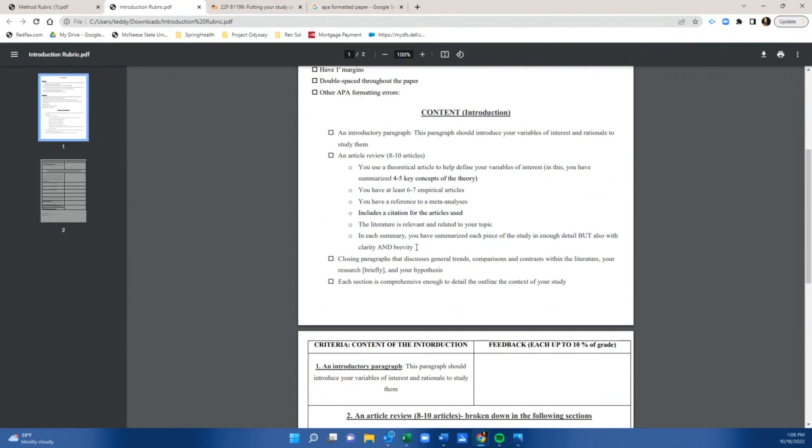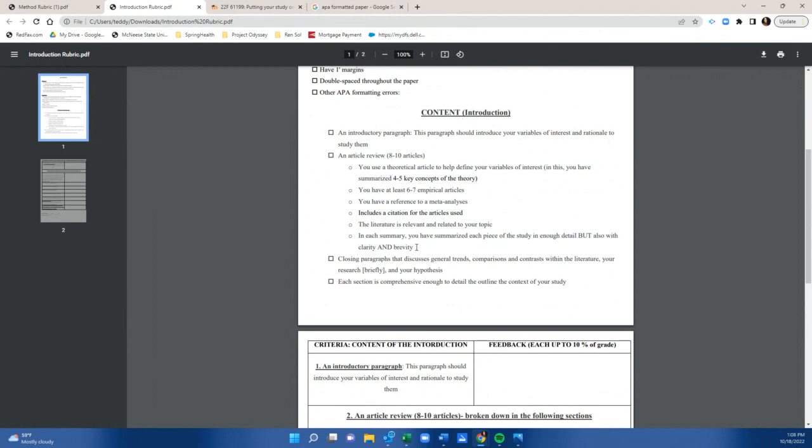Okay, so first of all, you use a theoretical article to help define your variables of interest. This is a discussion based paper. This might be one of those older papers, that's okay. Essentially, you're looking for a research article that is discussion based and talks about the theoretical aspects of your topic.